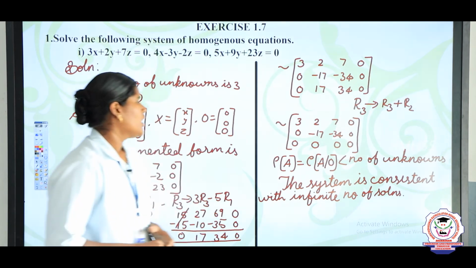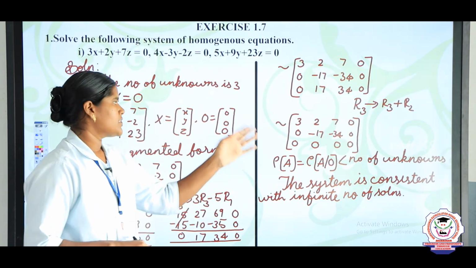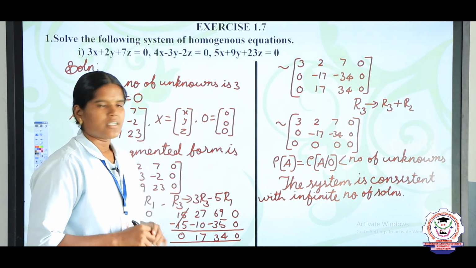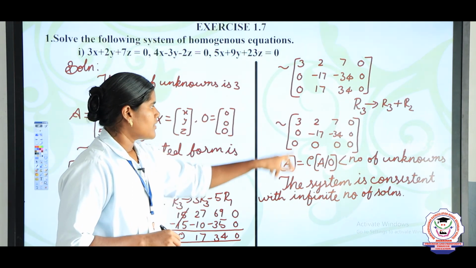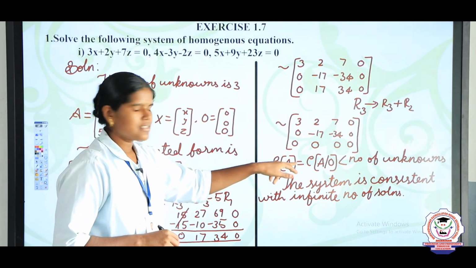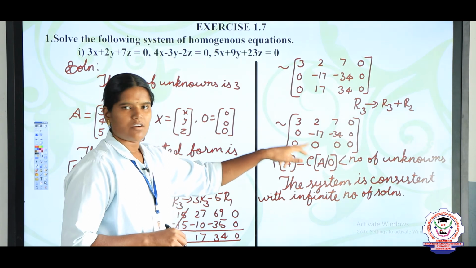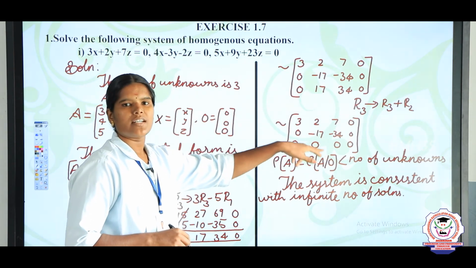Okay. Now, I am going to change this matrix into equations. So, we have the first column is the coefficient of x and second column is the coefficient of y and third column is the coefficient of z.